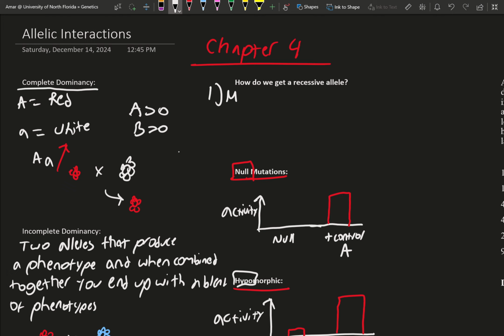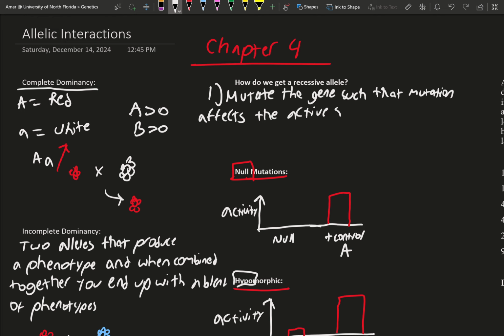Either you mutate the gene such that the mutation affects the active site of the enzyme, causing a null or hypomorphic mutation. So that's the first one.